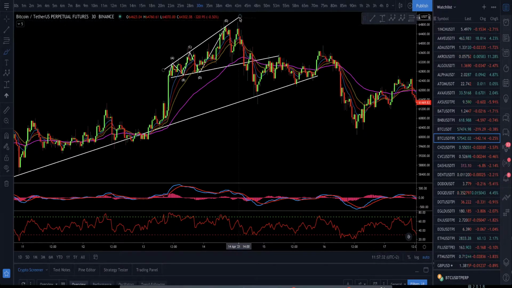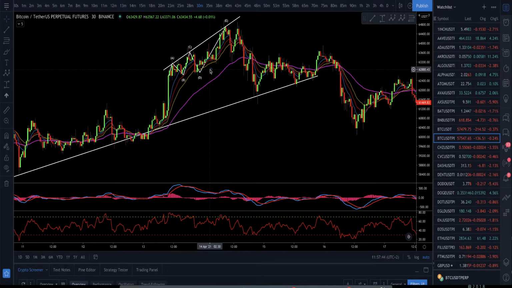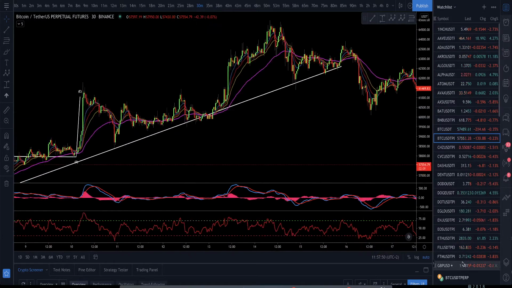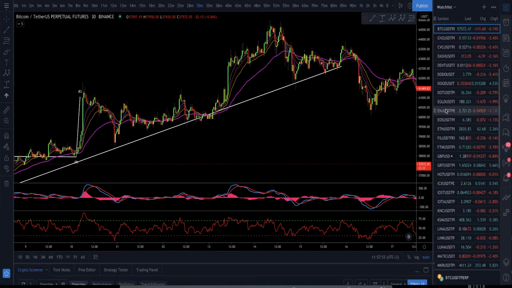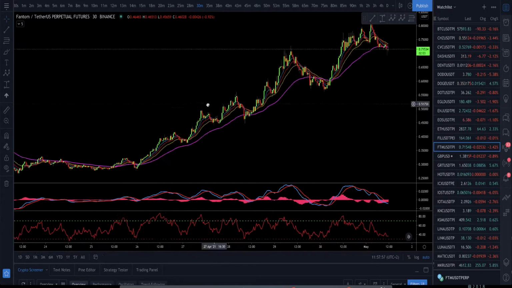So yeah, guys, let's go to other charts. Let me go to some other coins, maybe FTM, that we were looking at yesterday or today.